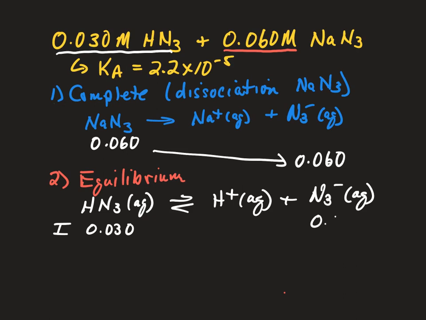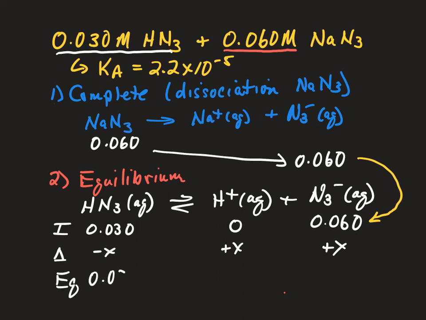Here it's 0.060 that we found from our complete process. The products of the complete process can influence our equilibrium. 0 of the hydrogen ion. Our change is going to be minus x, plus x, plus x. When we reach equilibrium, we'll have 0.030 minus x. We're going to have x. We're going to have 0.060 plus x.